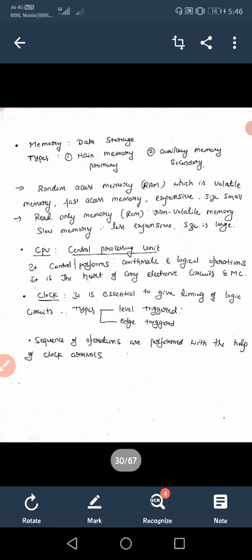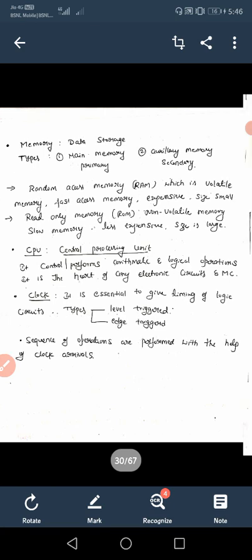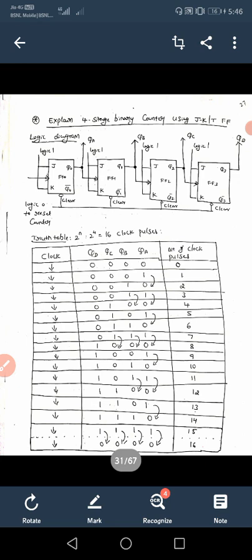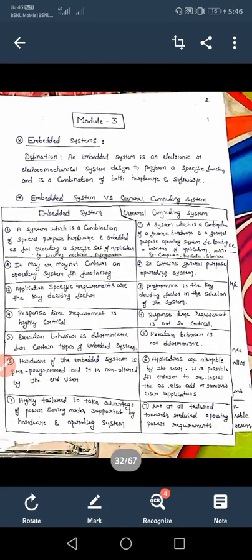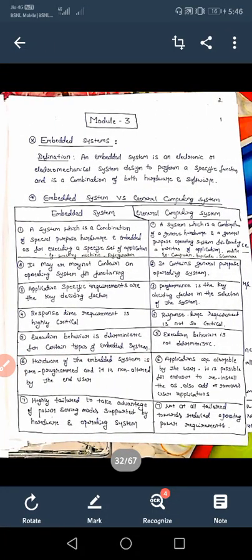Now we will switch to module 3: what is embedded system, classification of embedded system, and the list of microprocessor and microcontroller comparison. This is embedded system. The question asked is to define embedded system. You should write the definition, followed by the differences between embedded system and general purpose computing.